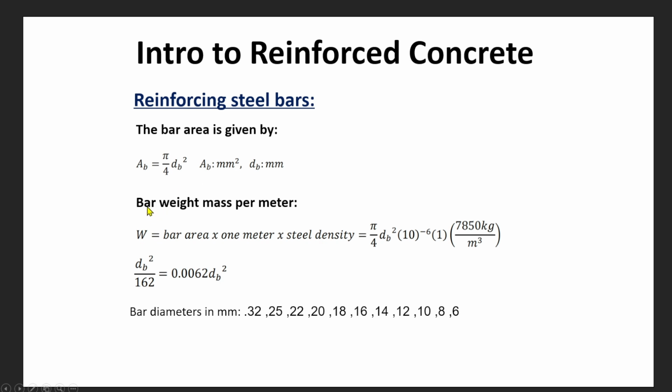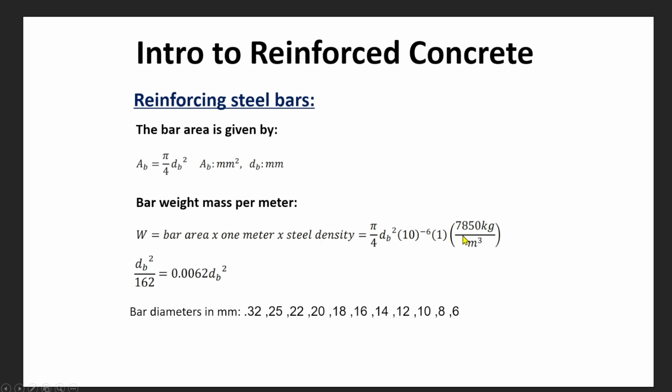If you would like to compute the bar weight mass per meter length, it's equal to bar area Ab times 1 meter times the steel density. We have area in square meters and length in meters, so it will be kilogram per meter for 1 meter.